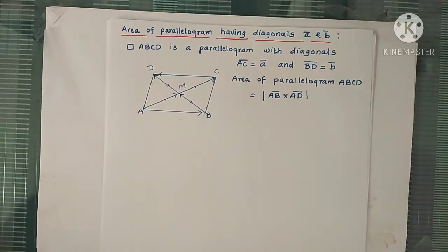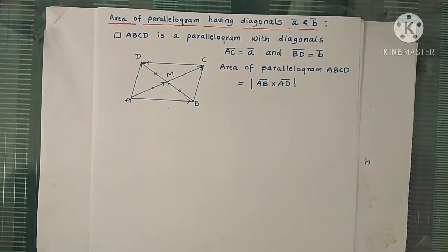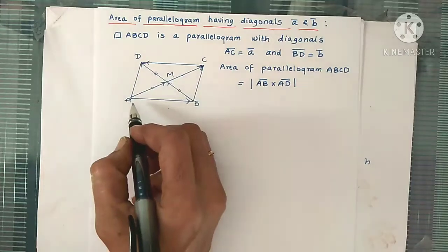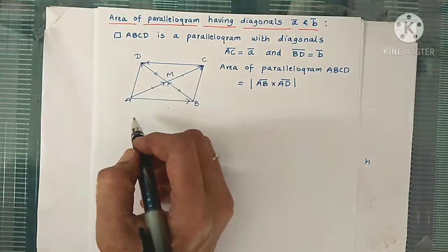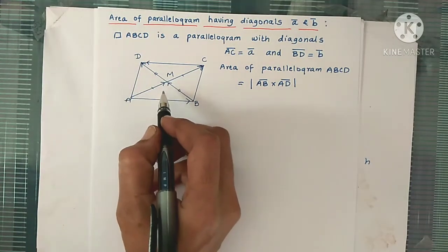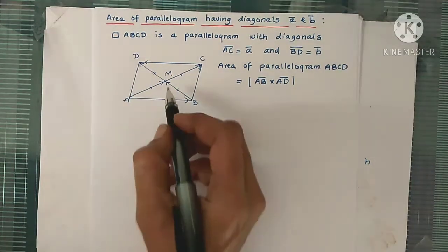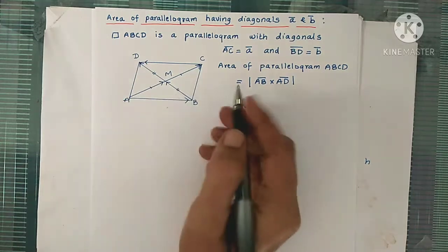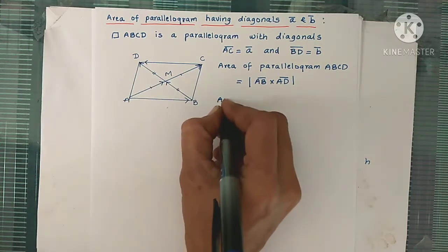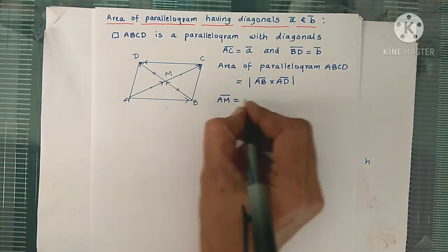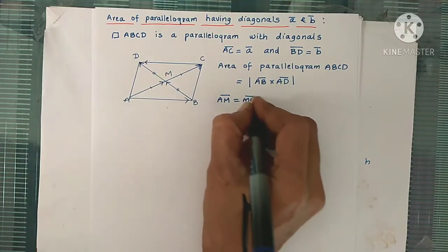To find AB bar in terms of A bar and B bar, let's draw the diagonals. I have already drawn the diagonals, and by the property of a parallelogram, M is the midpoint of AC and BD. As M is the midpoint of AC and BD, we have AM bar equal to MC bar equal to half of AC bar.